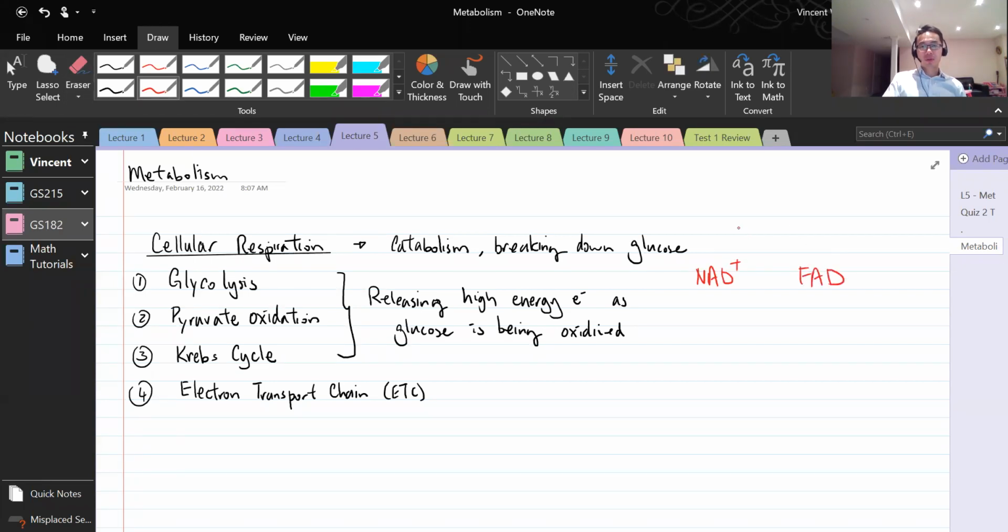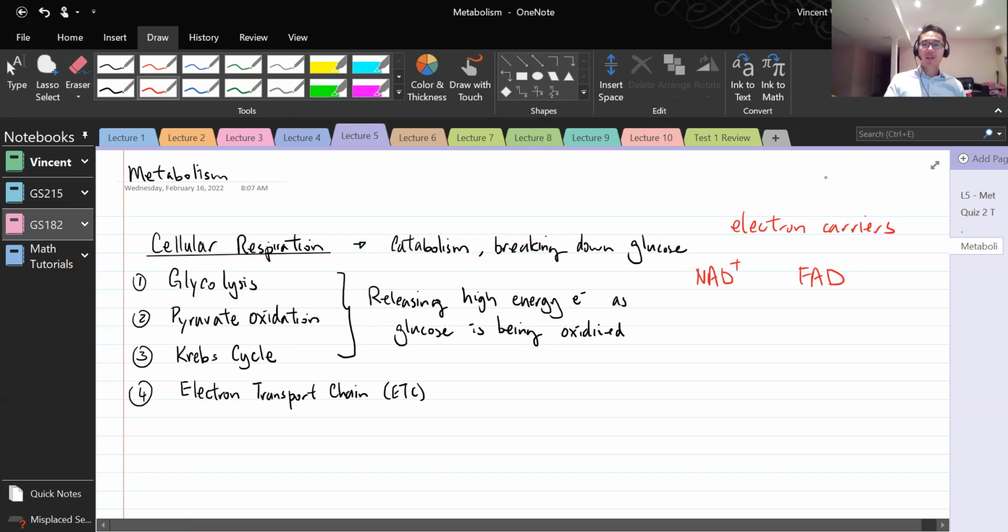Okay, so for those of you who need a refresher, you can think of them as electron carriers. As the name implies, they carry electrons. All these electrons will be released from the first 3 steps, and then they will be picked up by these energy carriers.